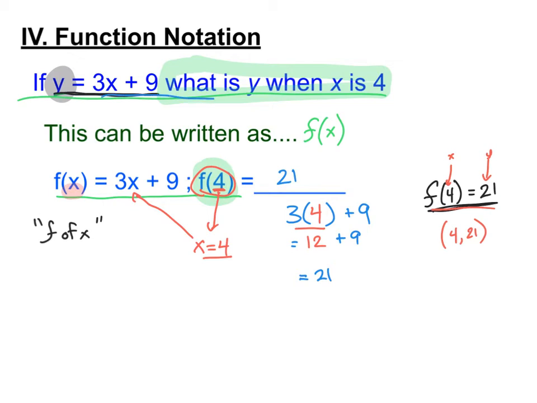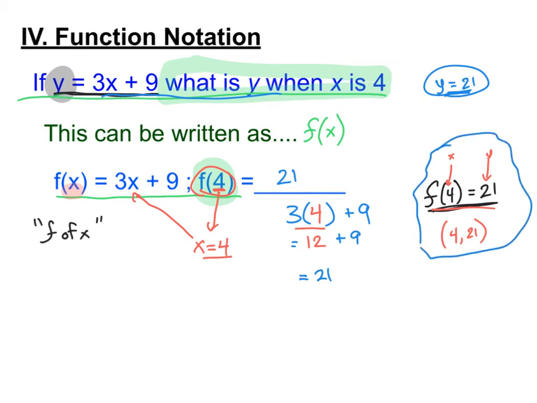Up here in blue, you would have simply found the answer to be y equals 21, and that's your answer. Now I only have half the amount of information. I have only the y value, whereas down here, I have the x and the y value by using function notation. That's why it's very important. And it's actually a lot easier, and we're going to use function notation a lot this year, so we're going to get you set up on it right now.